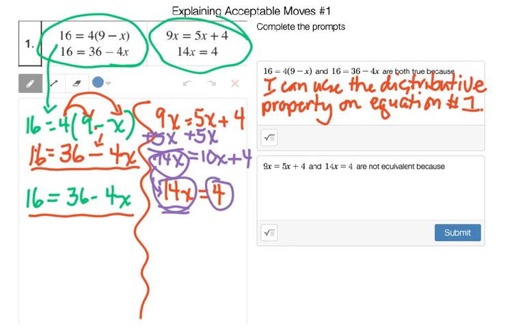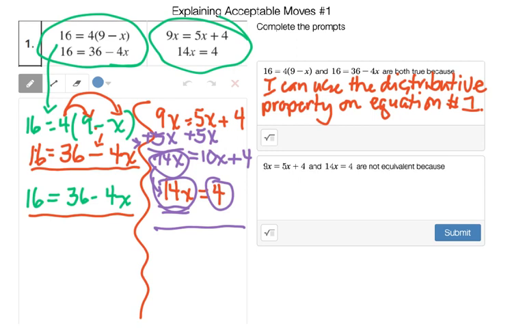So these are not equivalent. They did not do the balanced move. What should they have done? Well, in order for it to be balanced, they added 5x to both sides, but that's not what I ended up with.